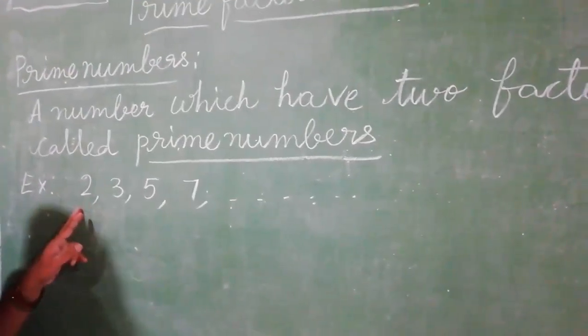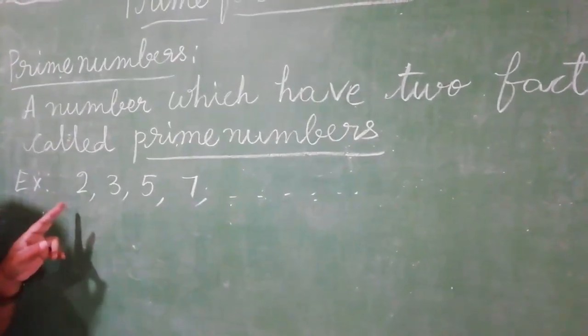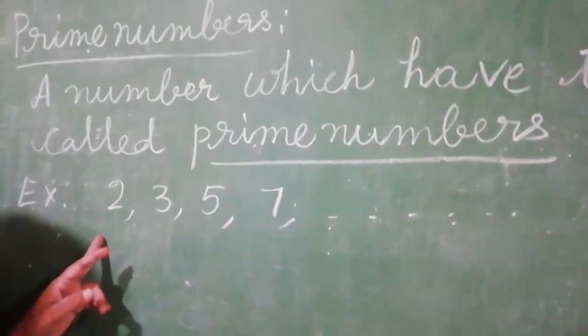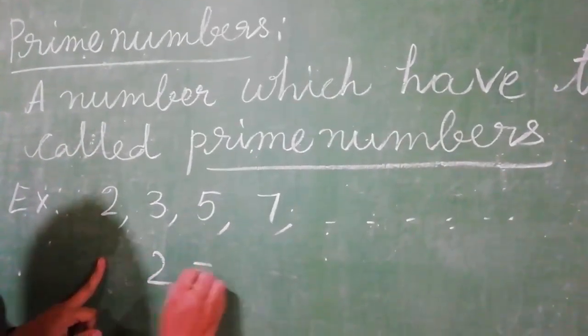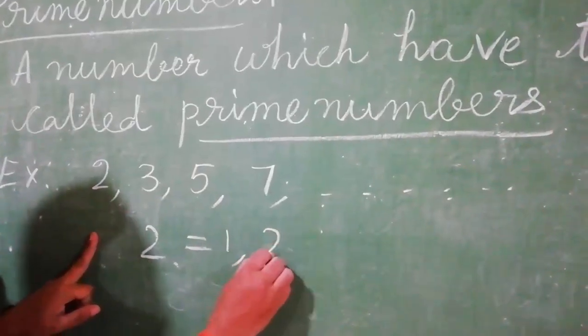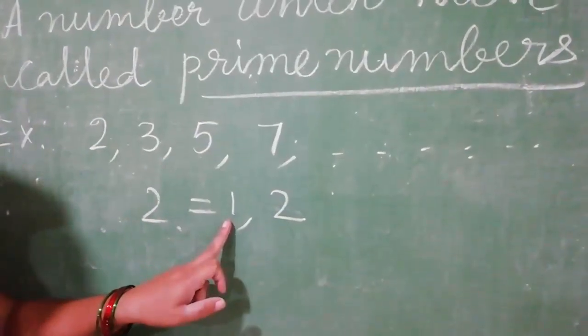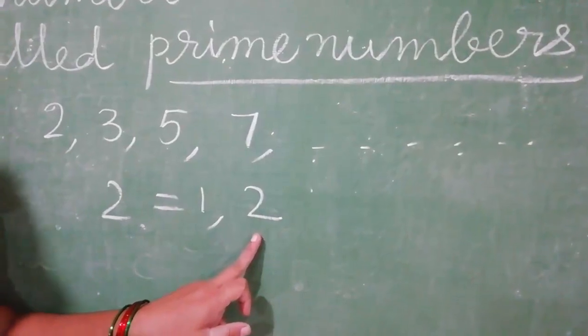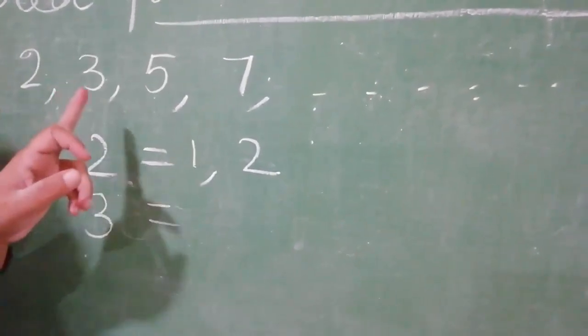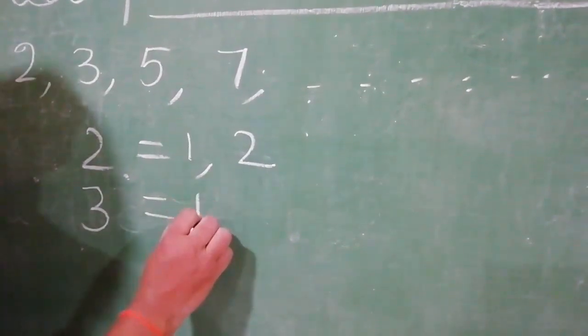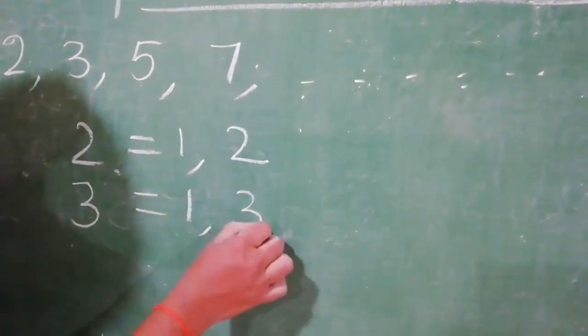See the number 2. How to say that 2 is a prime number? Yes, 2 has 2 factors: 1 and the number itself. 1 2s are 2, 2 1s are 2. The number 3 has how many factors? 3 also has 2 factors. 1 3s are 3, 3 1s are 3.